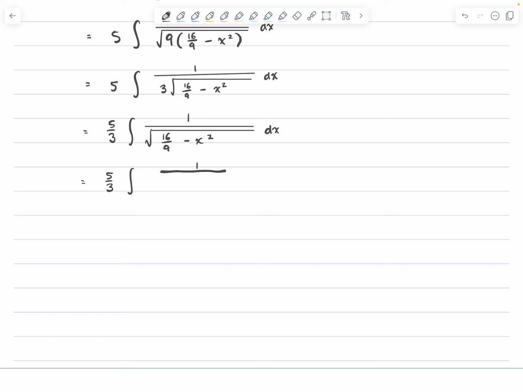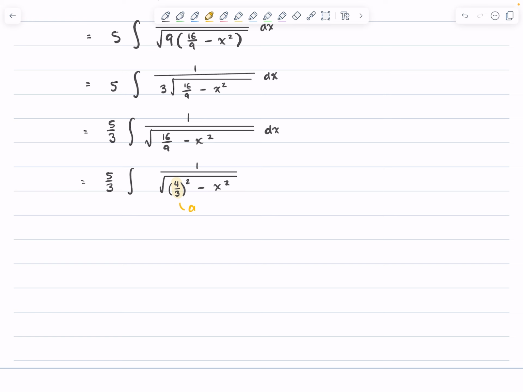It's a bit confusing, I know, but it's just something that as you practice, you'll get better at. The square root of 16 on 9 is 4 on 3. And by square rooting it, I'm now allowed to square it, which is good because it gets it in the form of something squared minus x squared. So now this 4 on 3 here is going to be my a value. And I'm ready to go now.